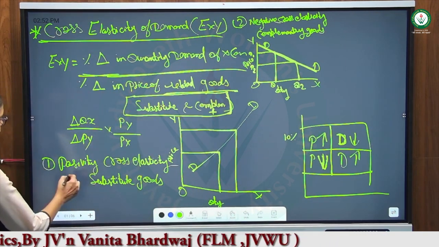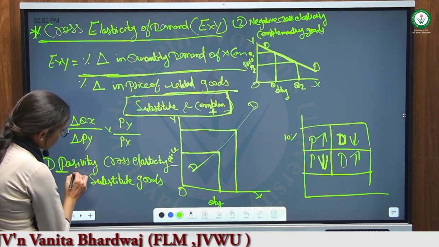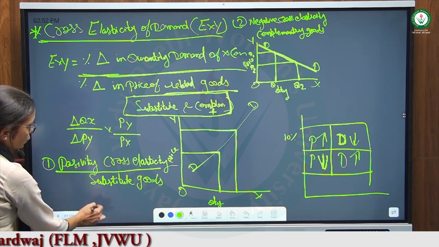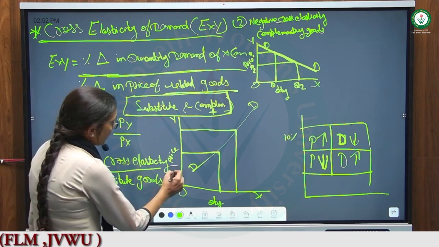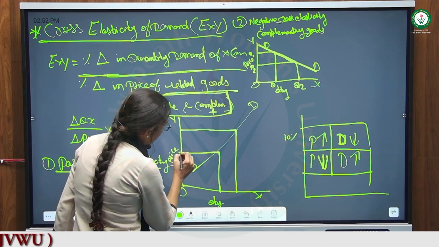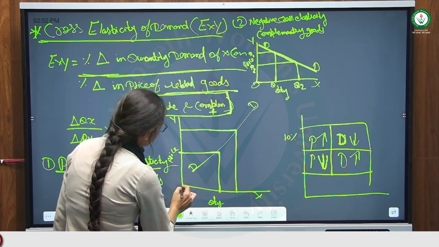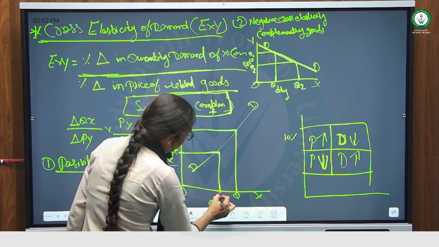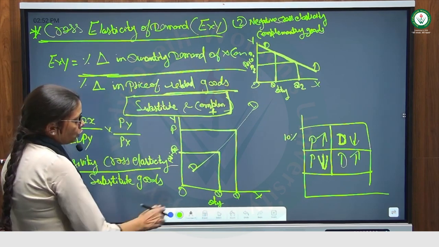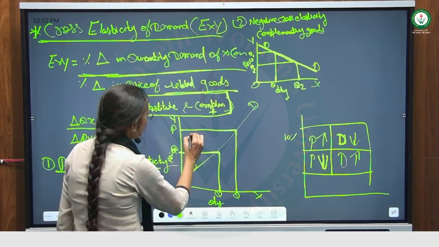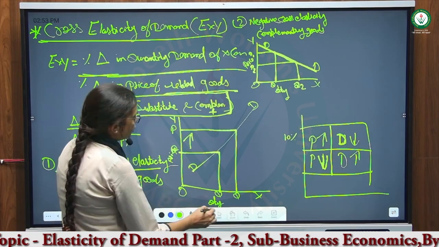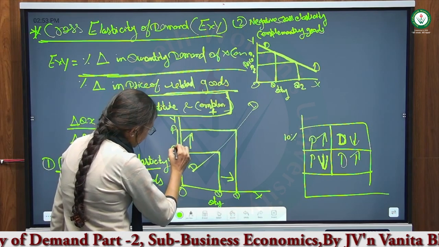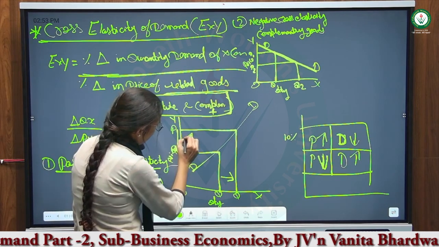Now, positive relationship in cross elasticity. There is a positive relationship in cross elasticity in substitute goods. When the price of tea goes up, we start using coffee, because we switch from tea to coffee; coffee is cheaper for us. When the price of coffee goes down, we shift from tea to coffee, and when the price of coffee goes up, we shift back to tea.